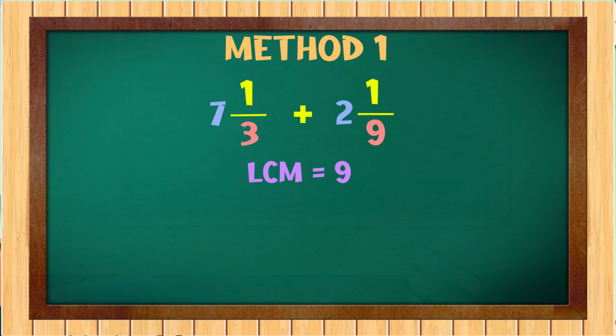The next thing we try to do is to make our denominators common. We know that 9 is the LCM. What are our denominators? 3 and 9. At this point, we will make the fractions equivalent. What multiplied by the denominator 3 will give us 9? 3.